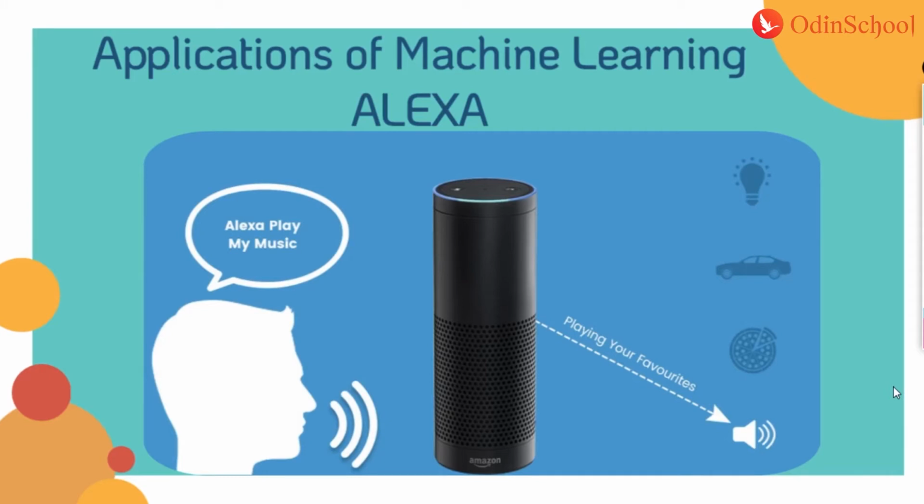Let me explain a little in detail. I have trained a program based on different text, for example my favorite music, what's the score, like n number of solutions I have taught Alexa. So based on these things, it is going to take this action.